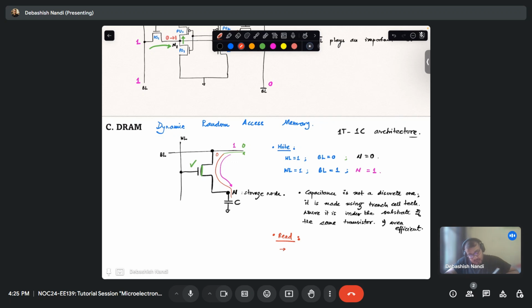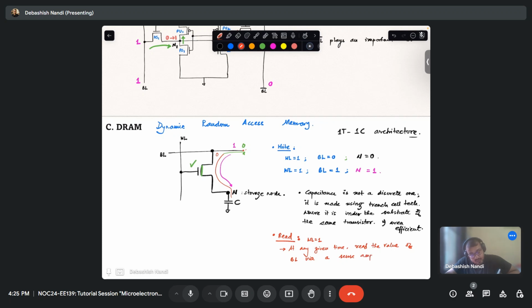So one thing to note, that how can you read? At any given time, make your WL equal to 1, read the value of bit line via a sense amplifier.